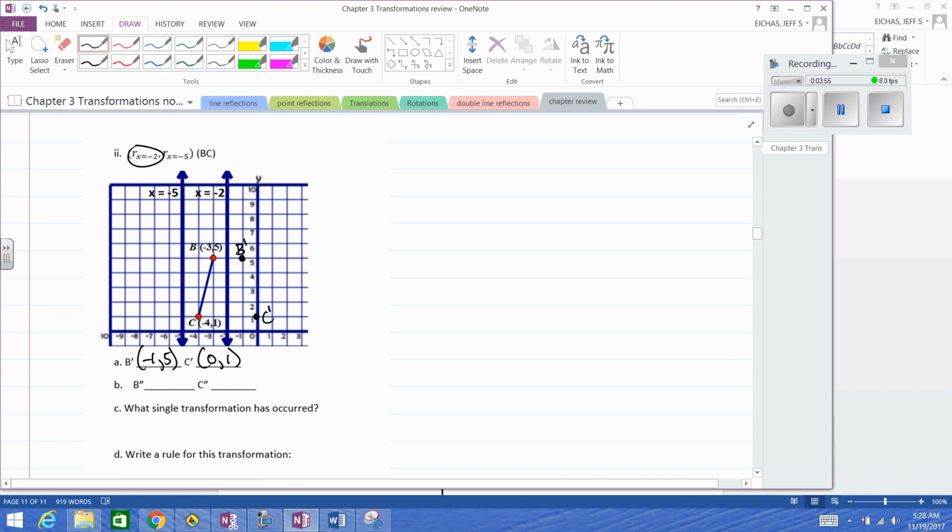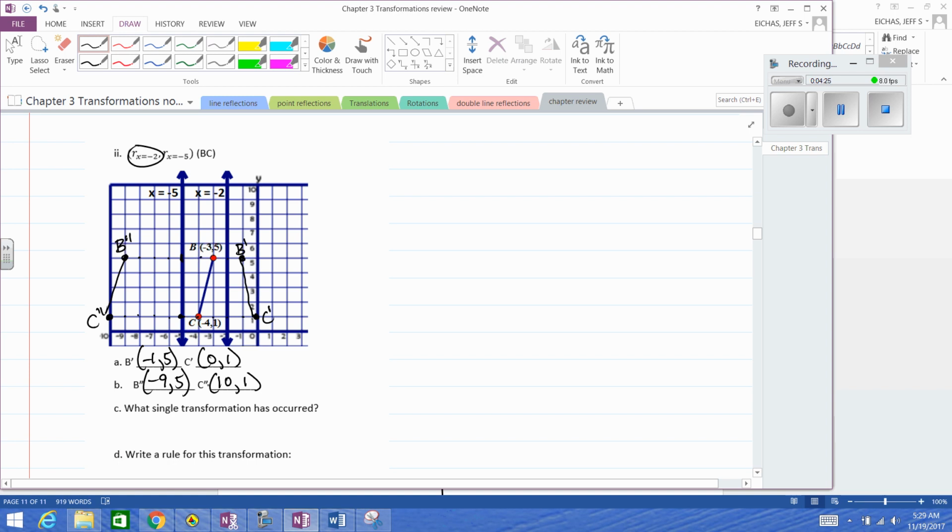Now we're going to reflect those, but all the way over this. So that's going to be 1, 2, 3, 4, 5. Right there. That's C double prime. That looks like it's 10, 1. 1, 2, 3, 4. 4 away. There's B double prime. And then that's over at -9, 5.